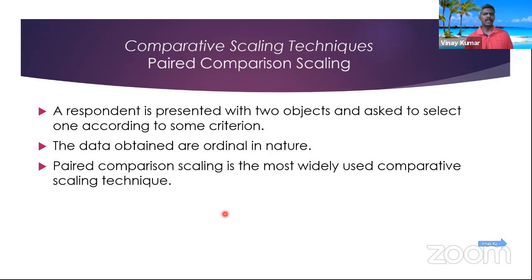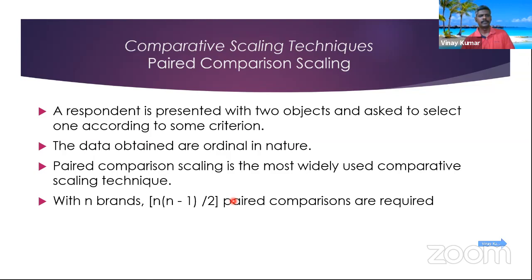Paired comparison scaling is the most widely used comparative scaling technique, especially in marketing. We use this technique to understand the perception of the respondent or customer towards different products. With n brands, if we are taking n number of brands, this is how we measure with the help of paired comparison.